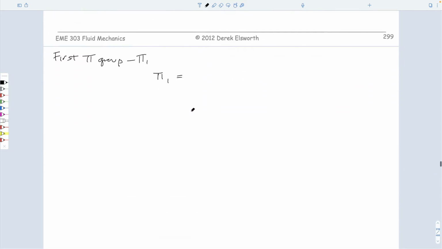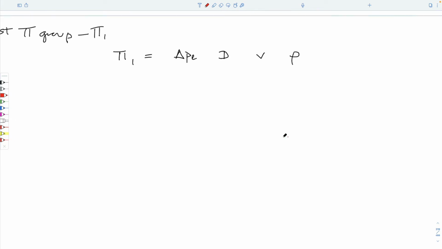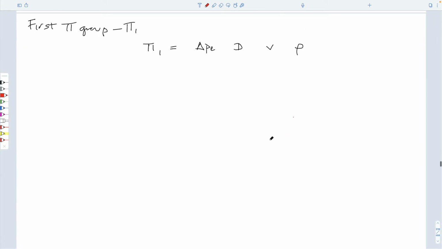We're going to make a pi group that includes those 4, and that pi group will be delta P over L multiplied by D, V, and rho. So these are repeating variables, and these will be to the power A, B, and C. And this will be to power 1.